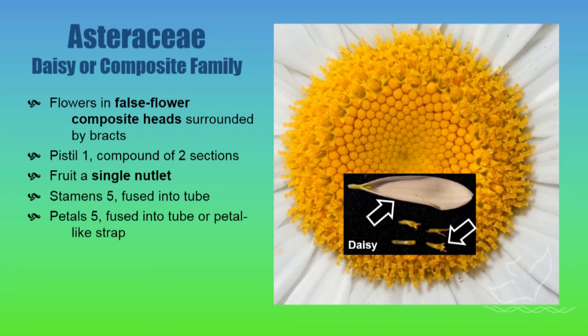So now the strap-shaped flowers are called ray flowers or ray florets, and the small ones that have 5 radiating lobes are called disc florets. So you want to keep those in mind when we start talking about the members of the Asteraceae.